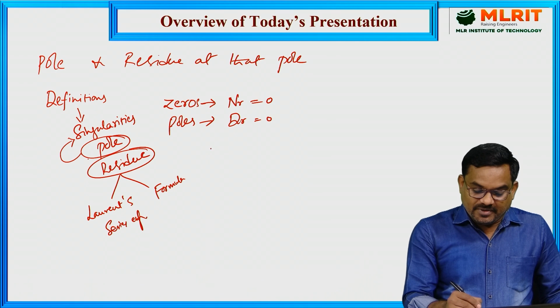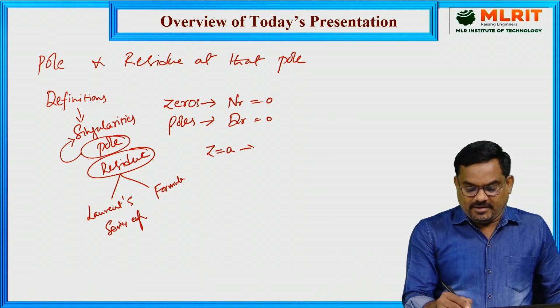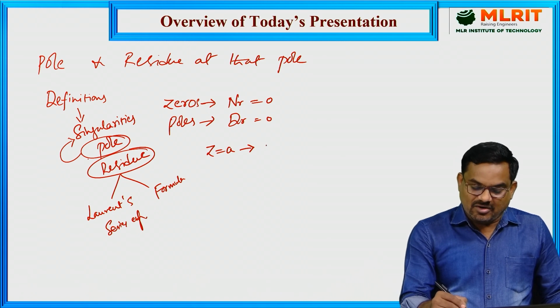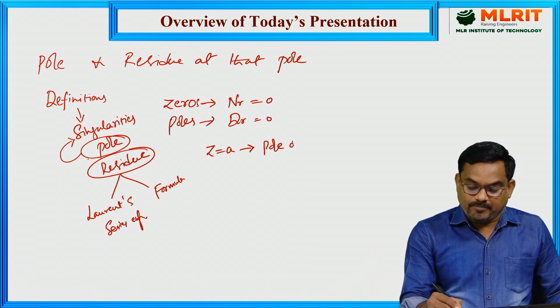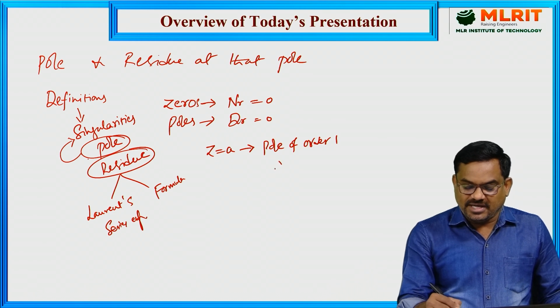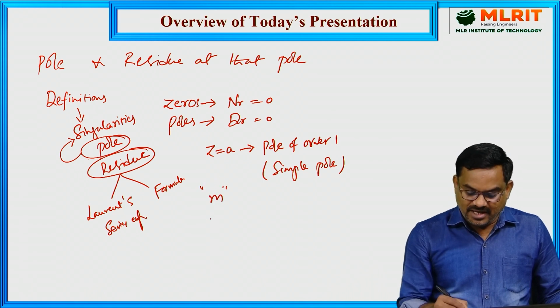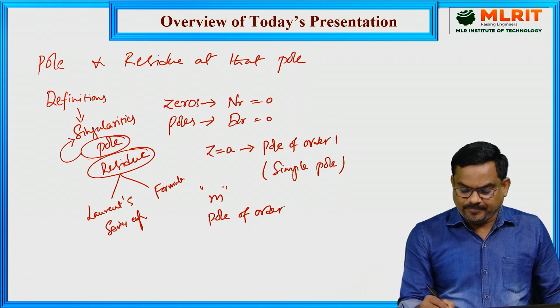Here, if a pole z equal to a is a non-repeated one, then it is called a pole of order 1, which is called a simple pole. For example, if this pole is repeated m times, then it is called a pole of order m.